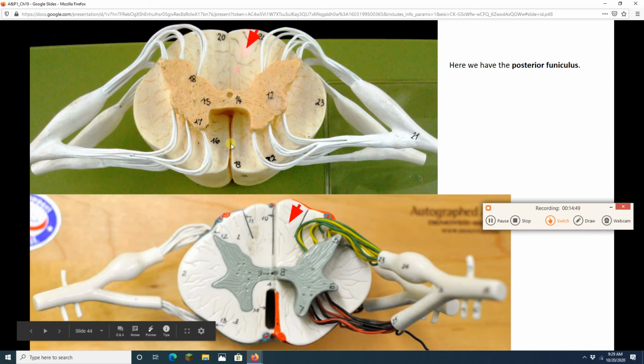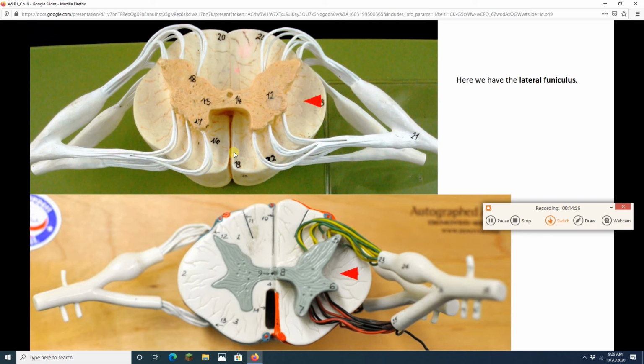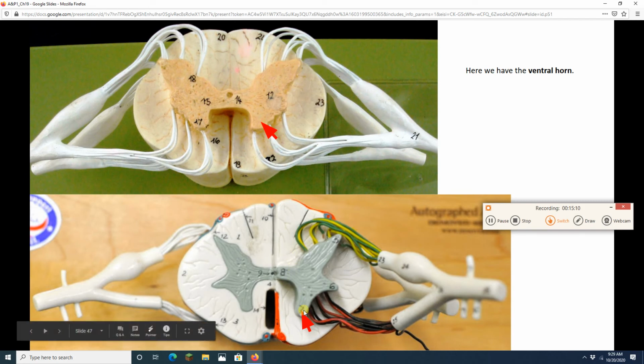And I see my posterior columns or funiculi here. White matter, of course, myelinated axons. Then I got my lateral funiculi or columns, and of course next, you guessed it, are the anterior funiculi or columns. That takes care of the white matter. What about the gray matter? We have the ventral horn, which is going to contain somatic motor neuron cell bodies.